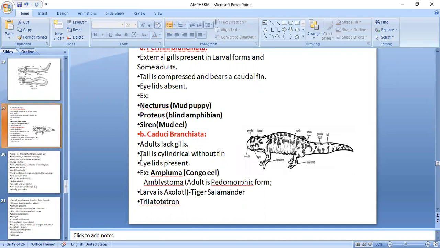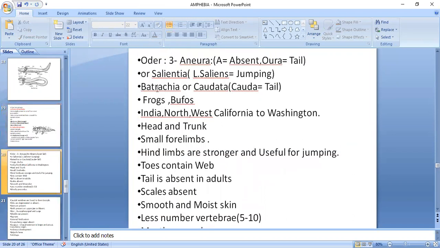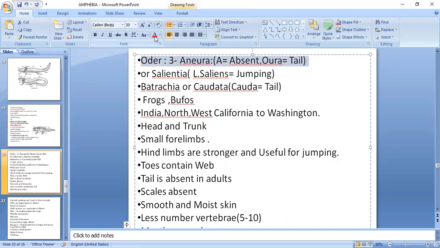And the third and famous order, which has many names, is Anura. A means absent, oura means tail. Tail is absent. These are tailless amphibians. So it is also known as Salientia.